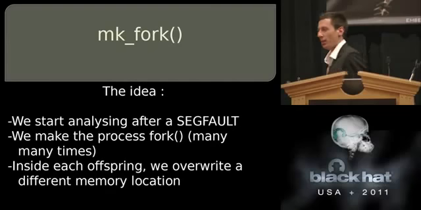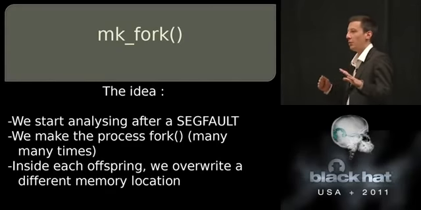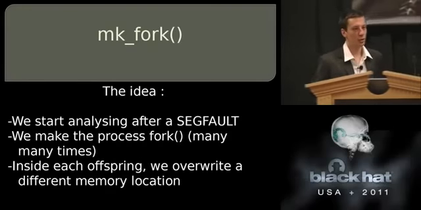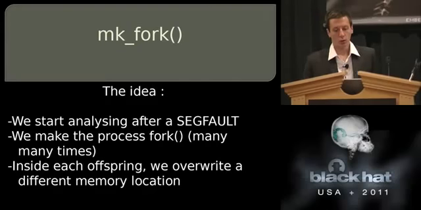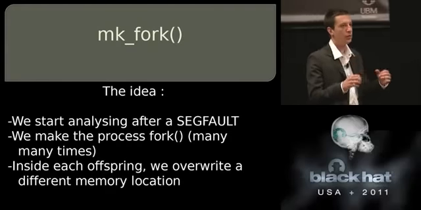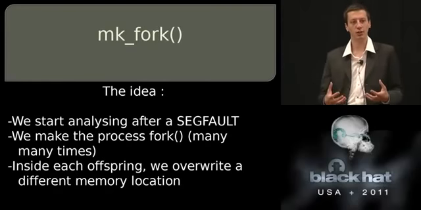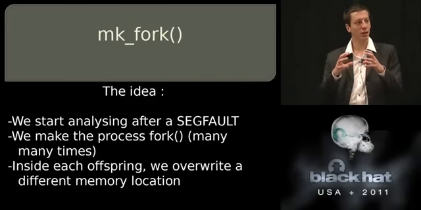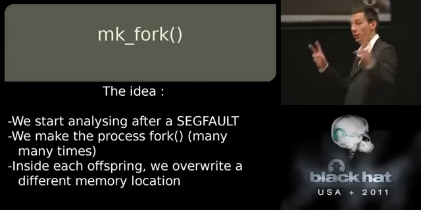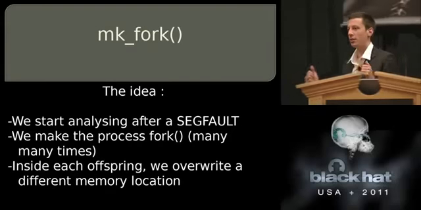So the main idea is I have a given mapping, I have tons of writable data in it, and I'd like to test them all. What we're going to do is take our application at crash time, and this is why it's called post-memory corruption memory analysis, because the analysis actually starts once the process has emitted a segfault, so it's technically dead. First thing, we resurrect it by just clearing the signal, and we pretend nothing happened.